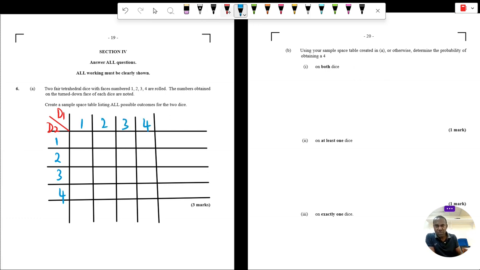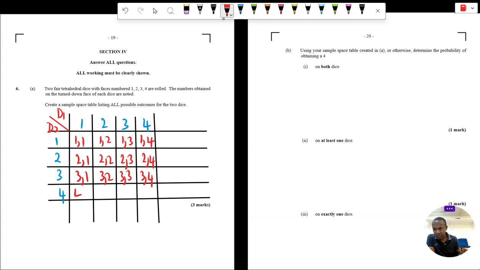So the possible combinations, of course, are 1,1, 1,2, 1,3, 1,4. Similarly, here we have 2,1, 2,2, 2,3, 2,4. Continuing, we have 3,1, 3,2, 3,3, 3,4.